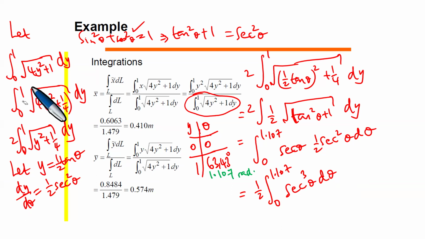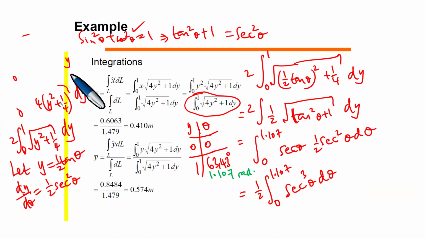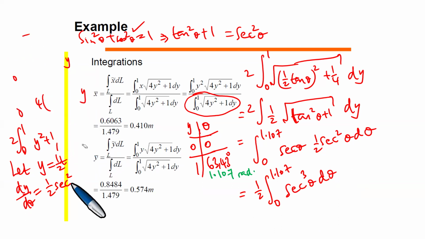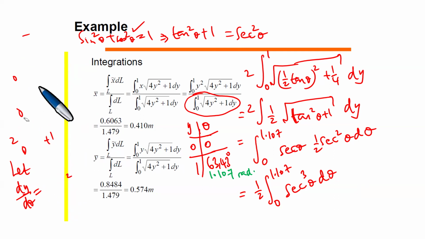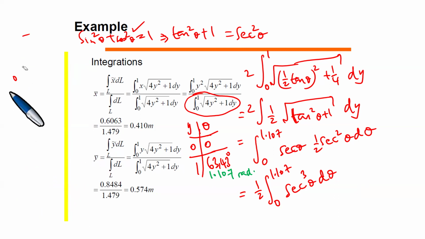But to do the secant cubed, what do we use? To find the integral of the secant cubed, we use some results we know, like integration by parts. Let us do integration by parts quickly.